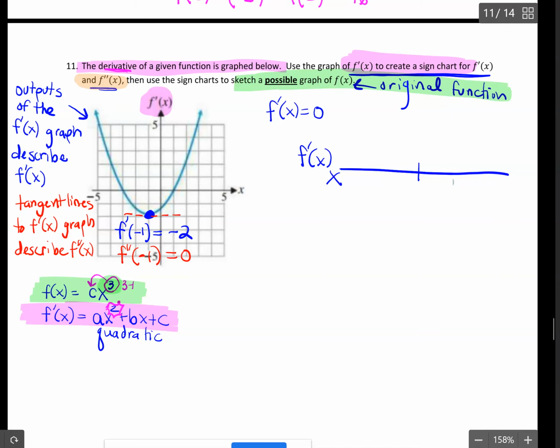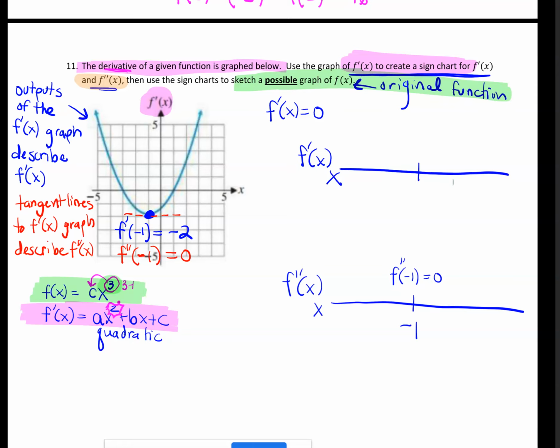So what inputs create an output of 0? So that's going to be this point right here. When I put that input, -3, into the graph, which is f prime, then an output of 0 comes out.